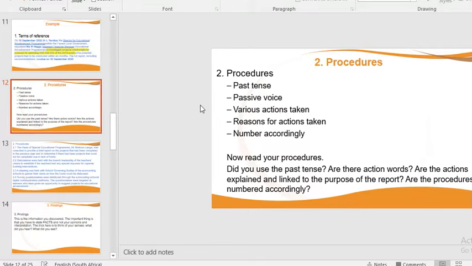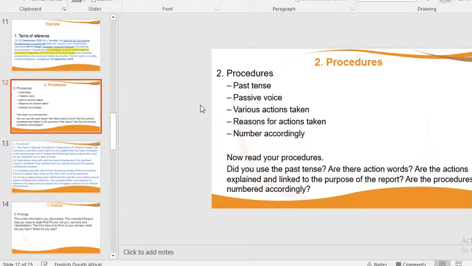They must be in past tense, passive voice, various actions taken, reasons for actions taken, numbered accordingly. Then they say, now read your procedures. Did you use the past tense? Are there action words? Are the actions explained and linked to the purpose of the report? Are the procedures numbered accordingly?